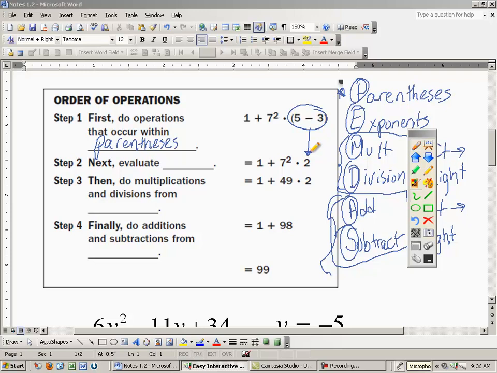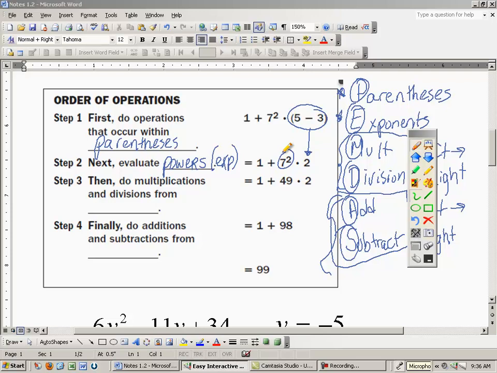The second thing we're going to do is evaluate any exponents, also referred to as powers. I'll put exponents in parentheses here so that you know that's the same thing. So we evaluate 7 squared, and 7 squared becomes 49.